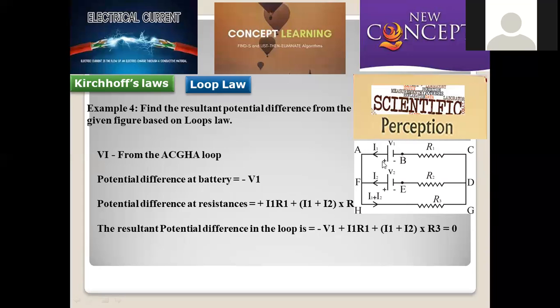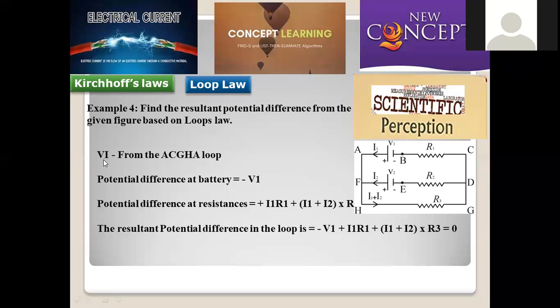Let us identify first. Only one battery is there, two resistors are there, and the battery voltage is given as minus V1. For resistor R1, the potential difference is given as I1 R1, and for resistor R3 it is R3 into I1 plus I2. So this is for the resistors. Now the algebraic sum again will become 0. Hence Loops law got verified for this example also.